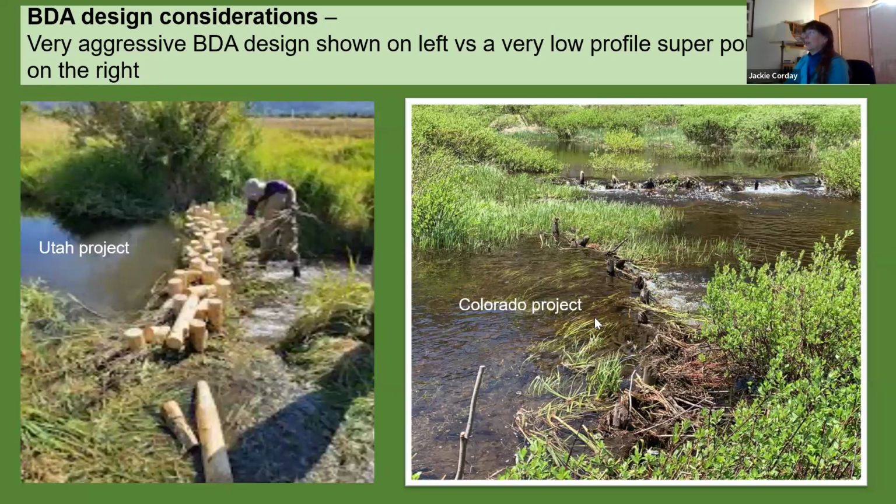Okay. Take a look at the difference between these two BDAs. That term definitely needs to be replaced, but it's really hard to replace it because everybody knows it. So I was trying to use beaver mimicry structure as a replacement, but then I end up going back to BDA because everybody knows it.